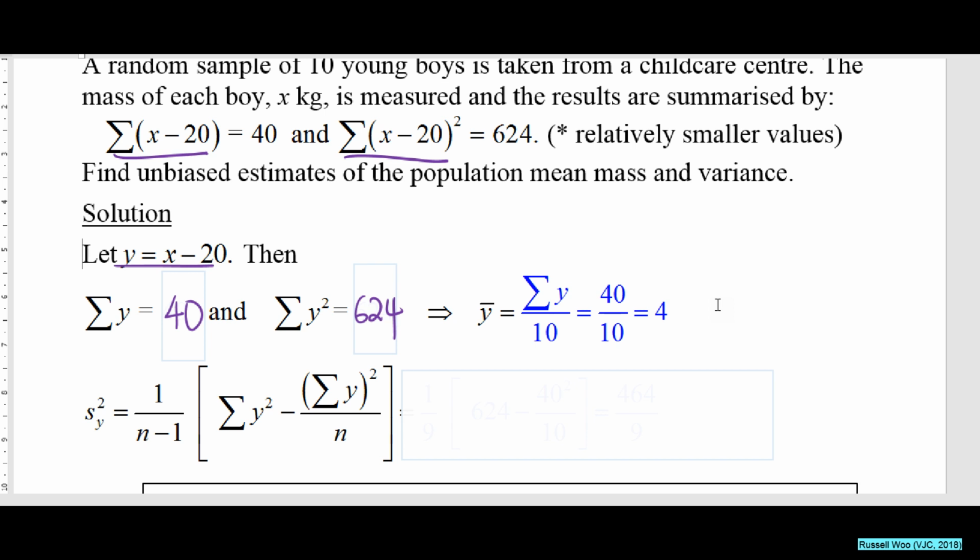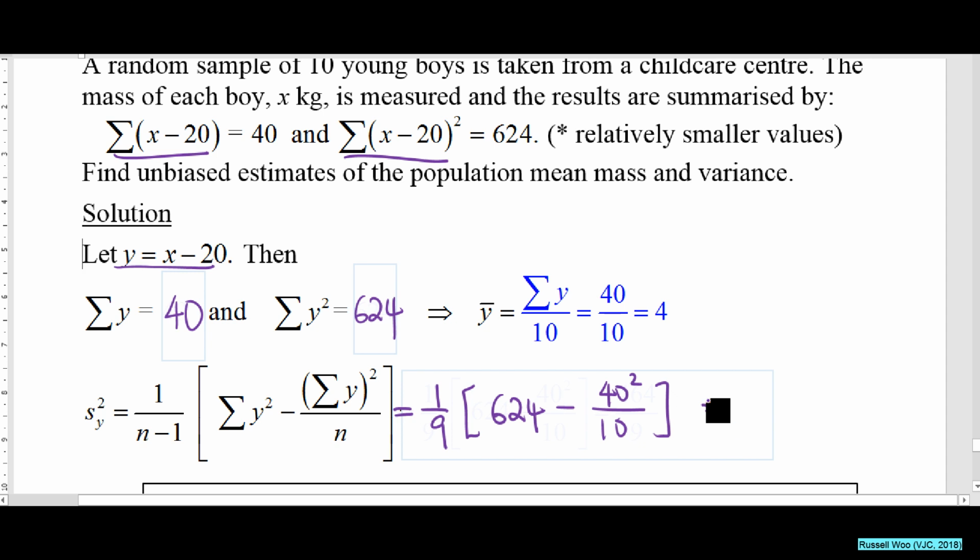This is the S squared for y. I think this formula you are quite familiar with by now. All we need to do is to plug in all the values. Equals 1/9 times summation y squared, which is 624 minus 40 squared over 10.